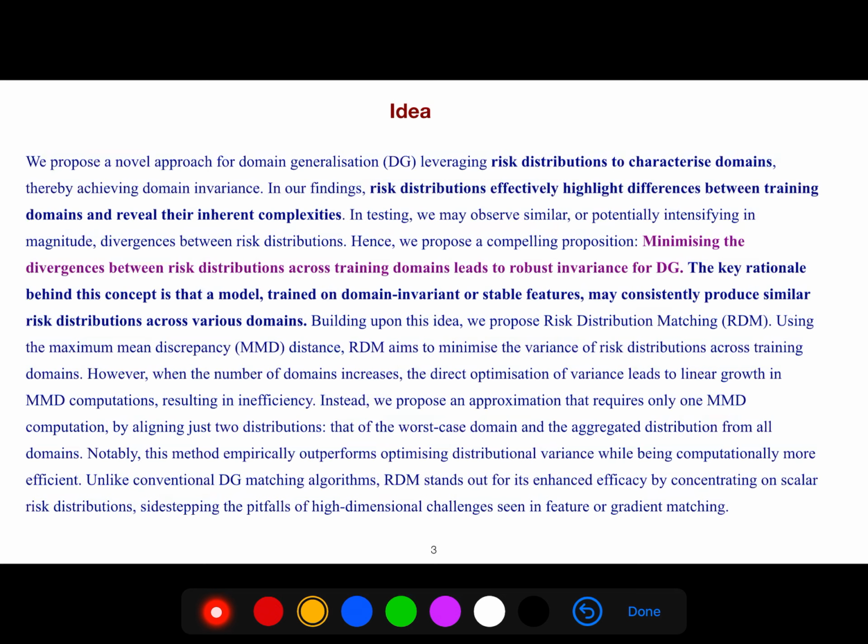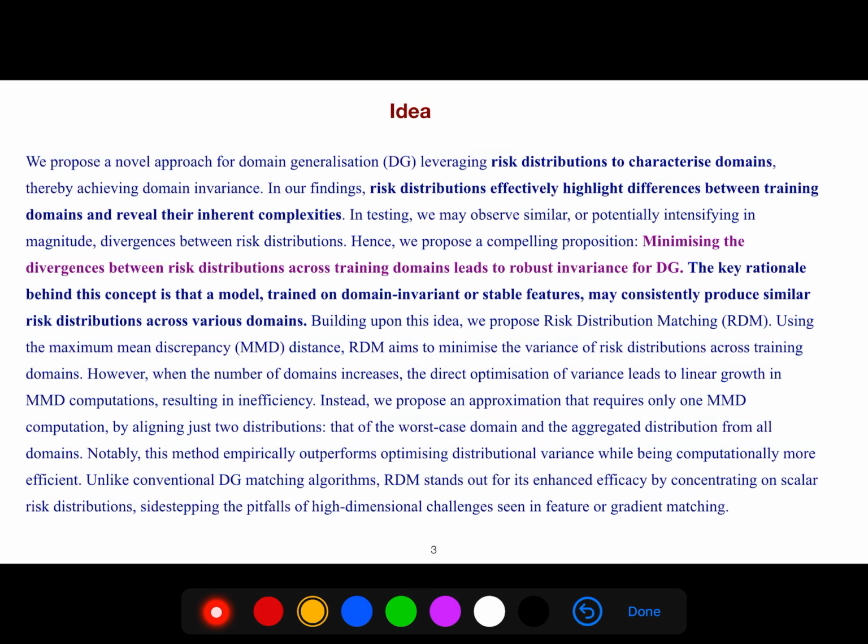In testing, we may observe similar or potentially intensifying in magnitude divergences between risk distributions. Hence, we propose a compelling proposition. Minimizing the divergences between risk distributions across training domains leads to robust invariance for domain generalization.